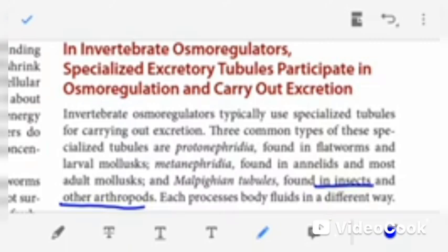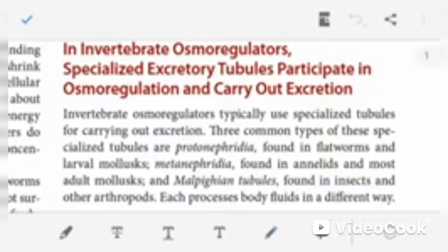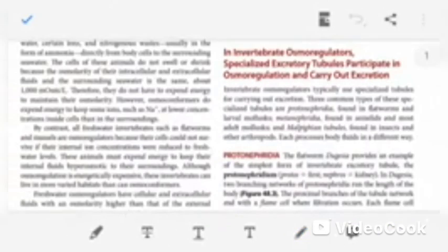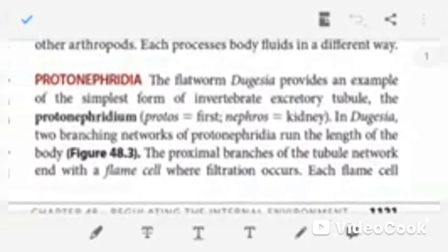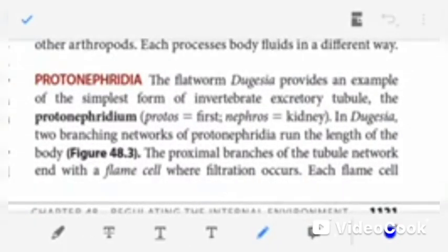The mechanism for osmoregulation and excretion is different in all these invertebrates. So first we are discussing the protonephridia.